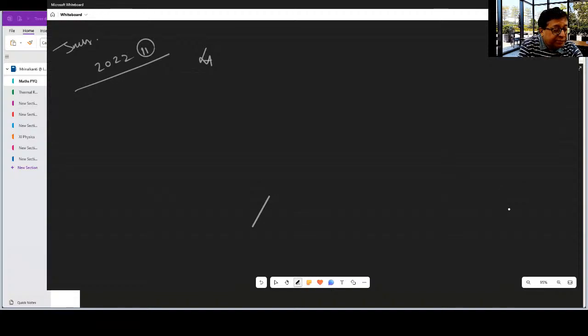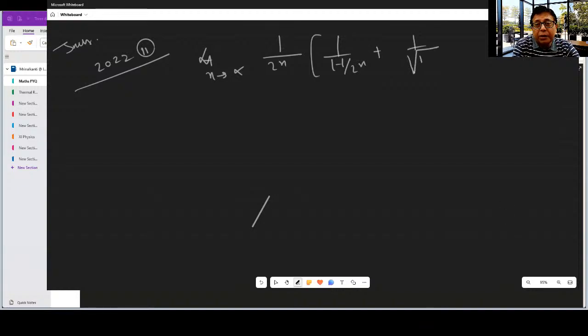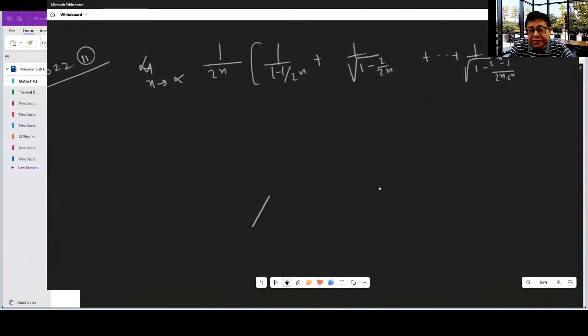This is limit n tending to infinity, 1 by 2 to the power n, 1 by 2 to the power n plus 1 minus 2 by 2 to the power n, 1 by 1 minus ... How to evaluate this?